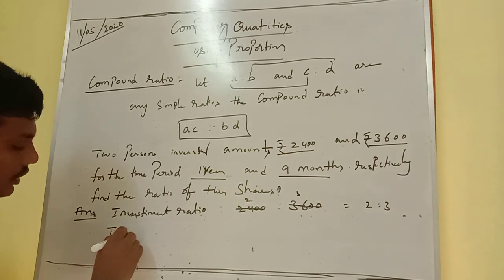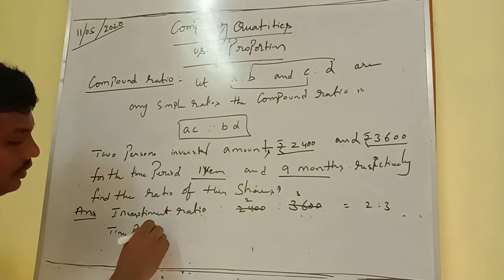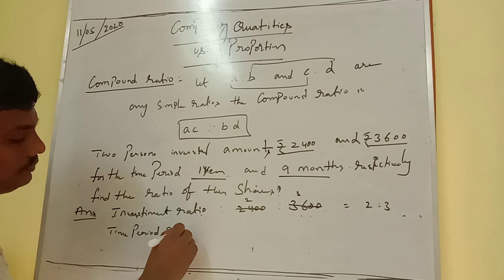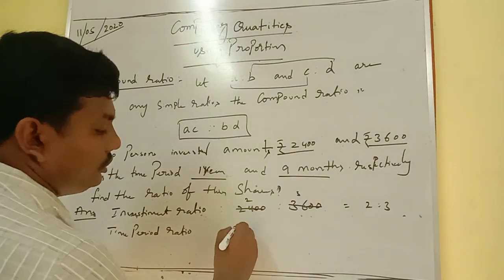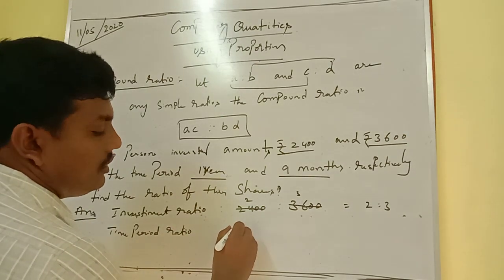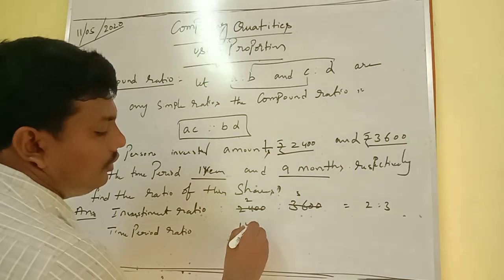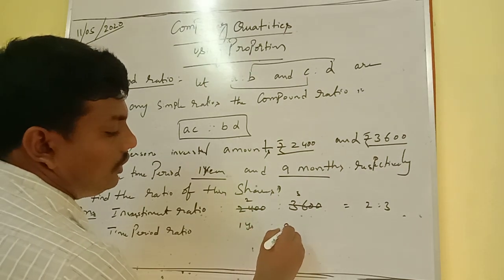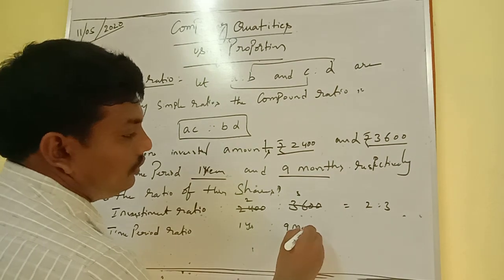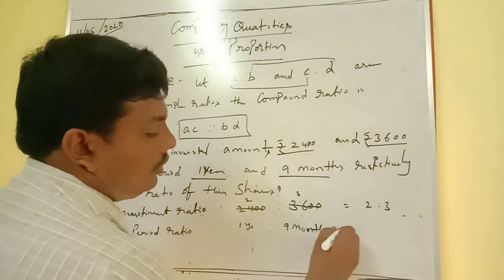So what is the time period ratio? This is 1 year is to 9 months.